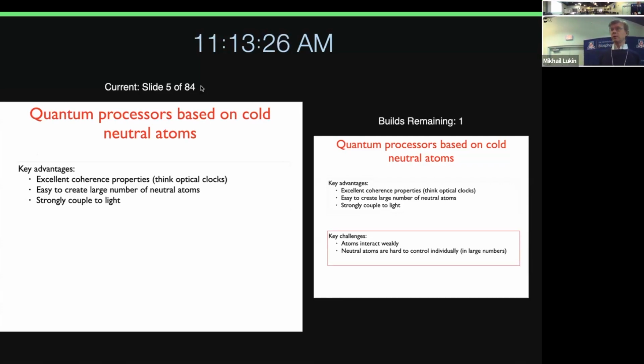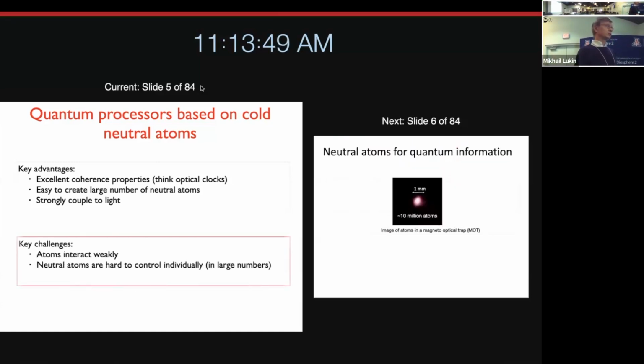For example, probably the most precise measurement instrument created by humankind is the optical atomic clock, which utilizes neutral atoms. It's also easy to create large numbers of neutral atoms. Moreover, neutral atoms are strongly coupled to light, which will also come later in the talk. But there are also drawbacks. In particular, atoms generally interact weakly with each other, and neutral atoms are hard to control, in particular individually and in large numbers.